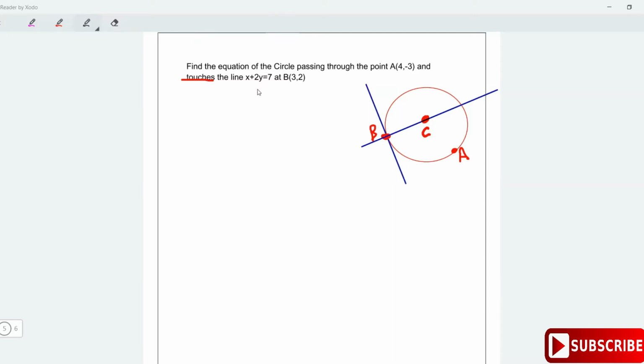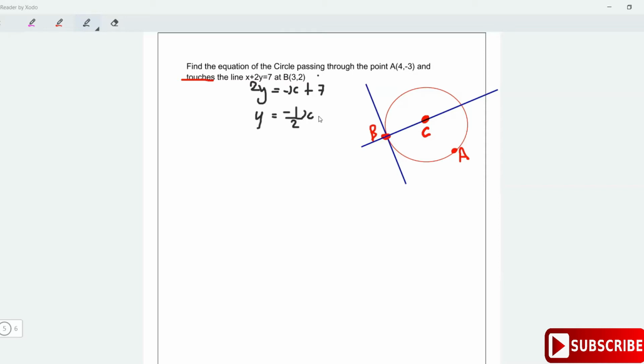If you make y the subject, 2y is equal to minus x plus 7, and dividing through by 2, y is equal to minus a half x plus 7 over 2.